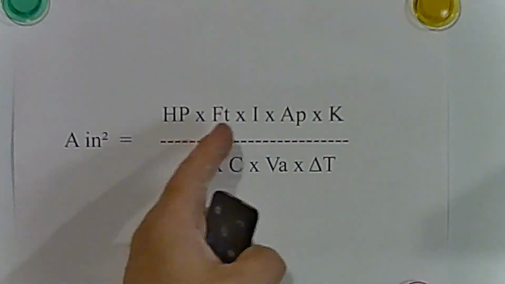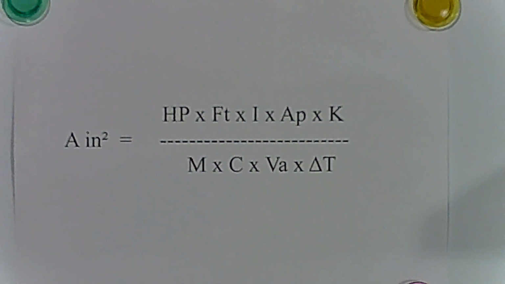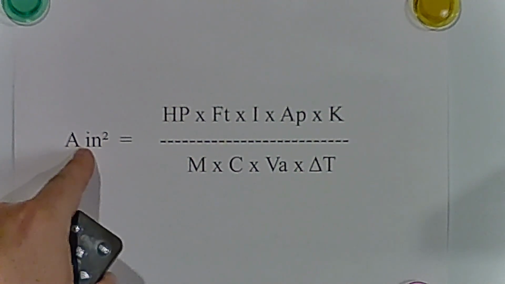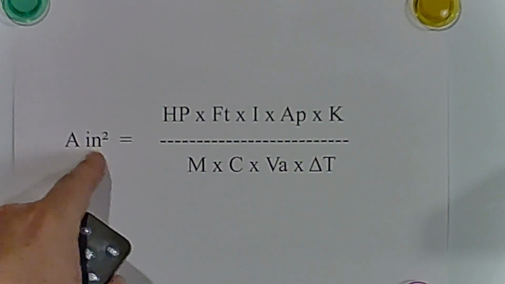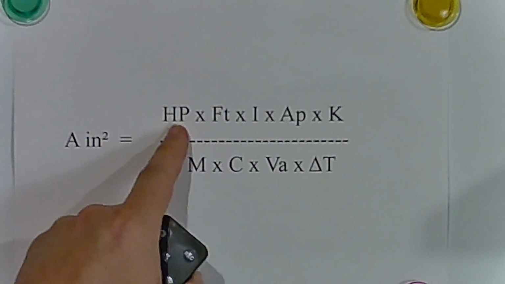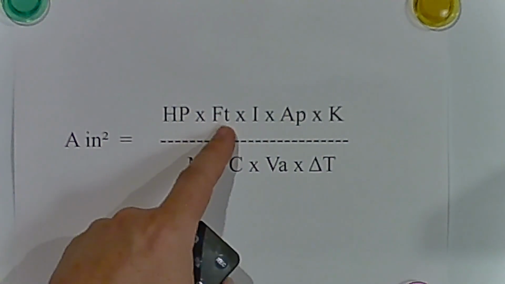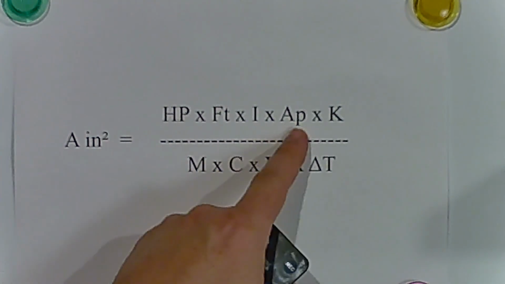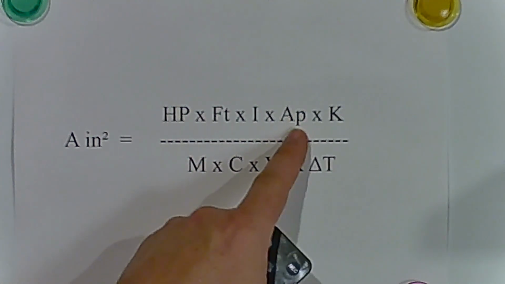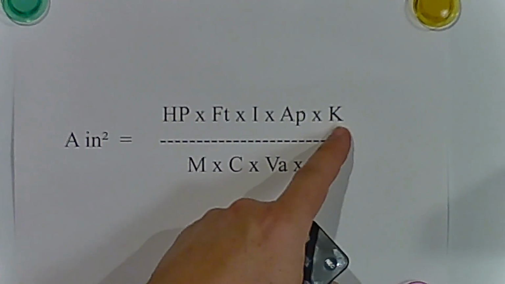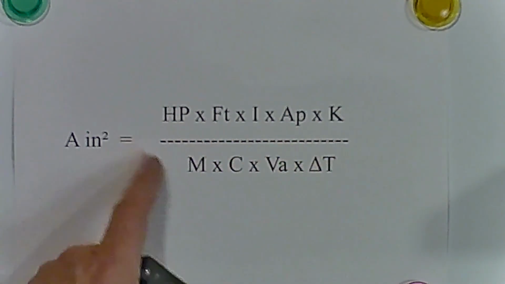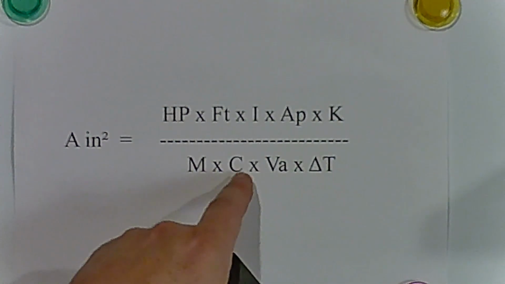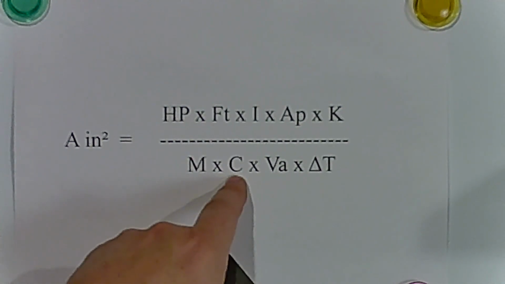Now we're going to go over each individual part of it, but the overview is: the area of radiator required in square inches equals your horsepower multiplied by your fuel type coefficient, your air induction coefficient, your application coefficient, times your base heat rejection coefficient, divided by your radiator material coefficient, multiplied by how many cores you have.